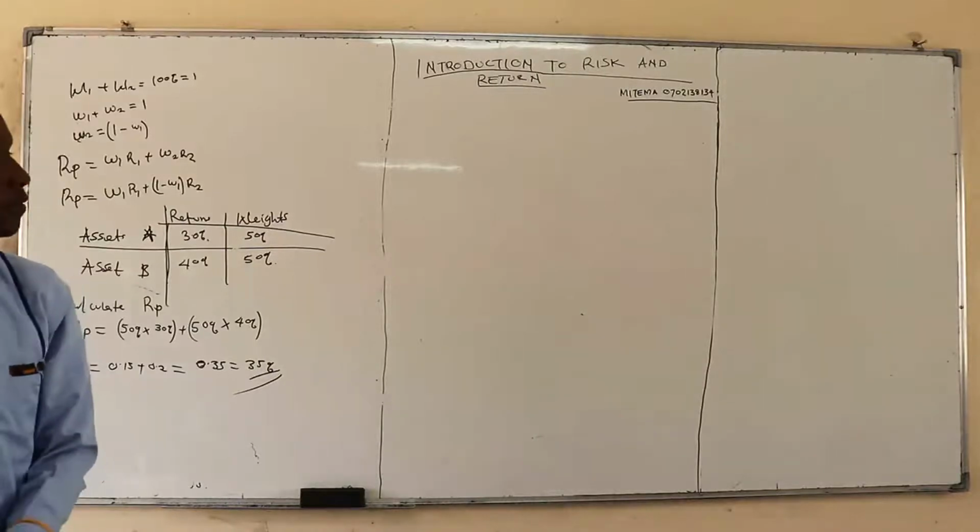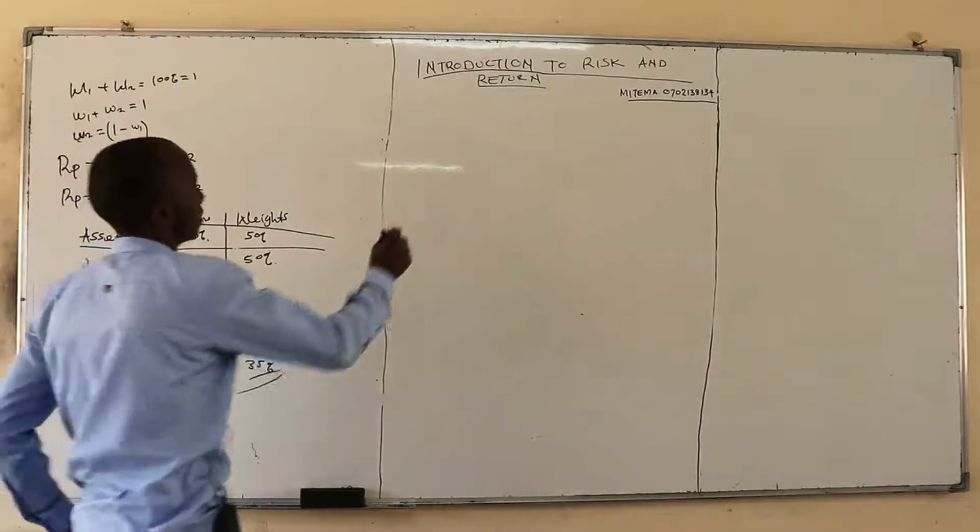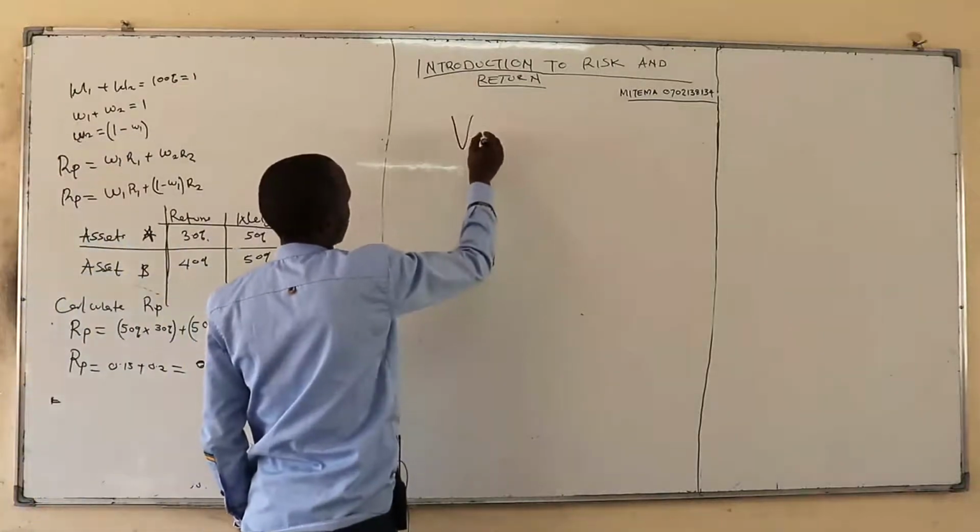So we have variance, the first measure of risk.